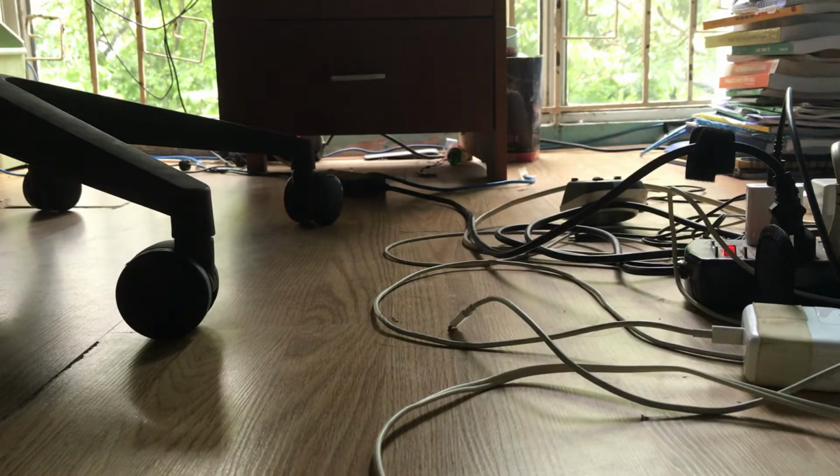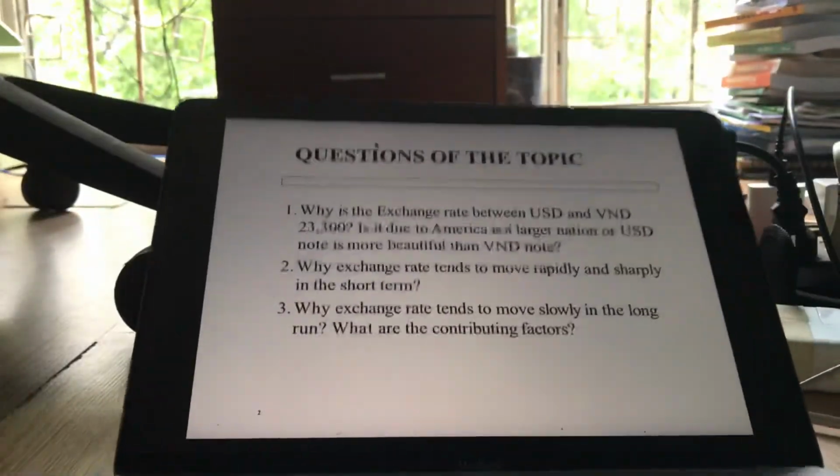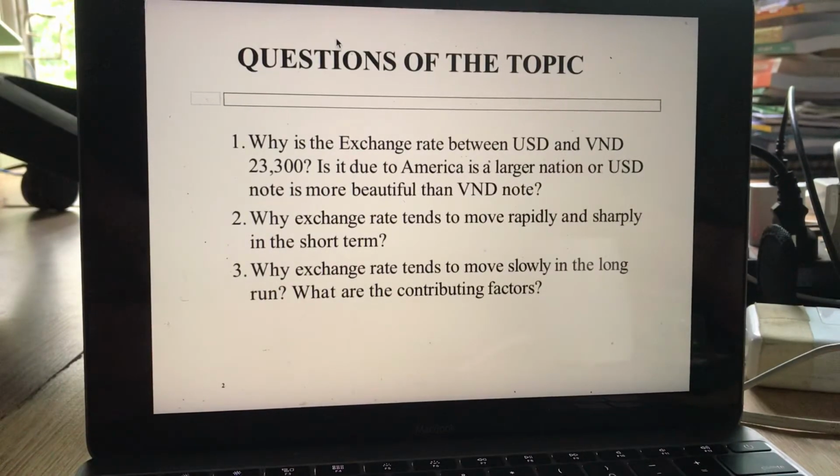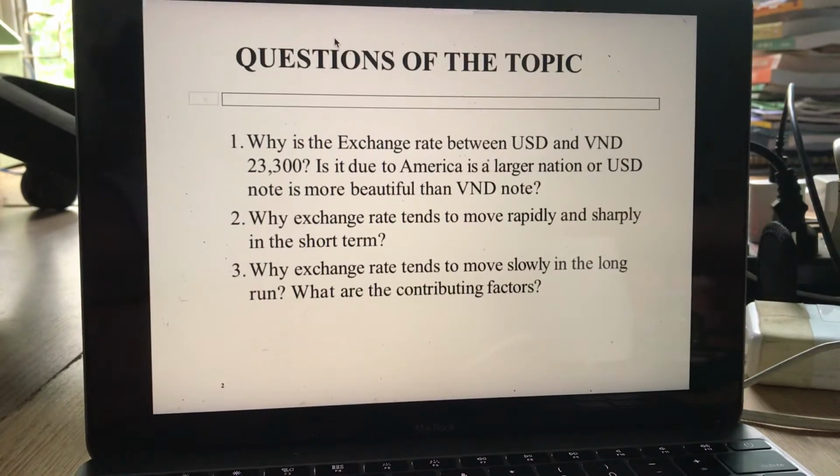But for other pairs of currencies, like the pound or the Euro against VND, it is around 30,000. But for the yen, which is a hard currency and also a liquid currency with high liquidity, the exchange rate against Vietnamese dong is just around 200.